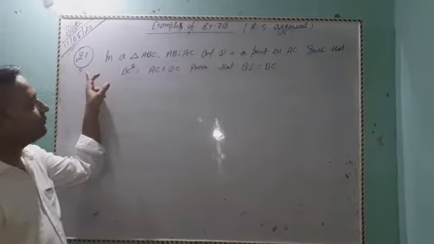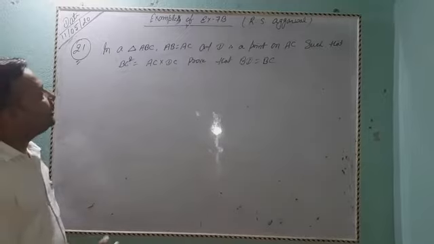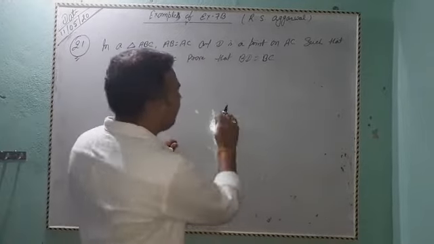Example number 21 of exercise 7b. In a triangle ABC, first of all we draw a diagram.